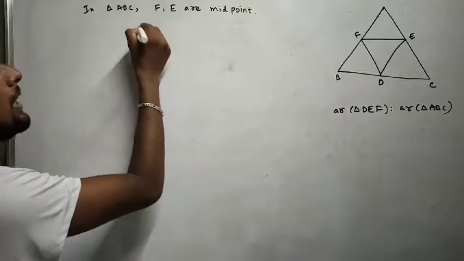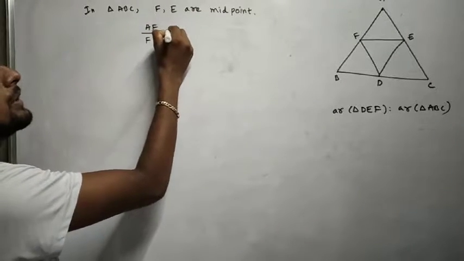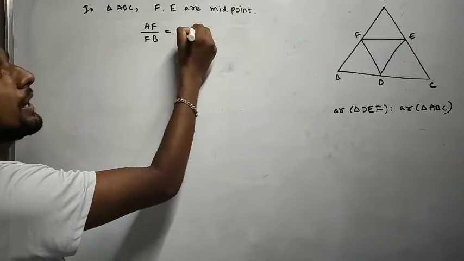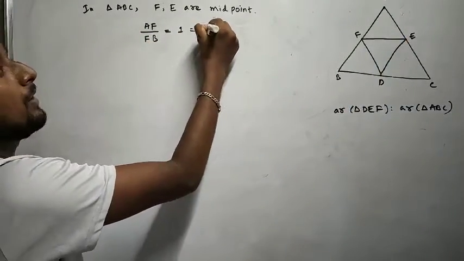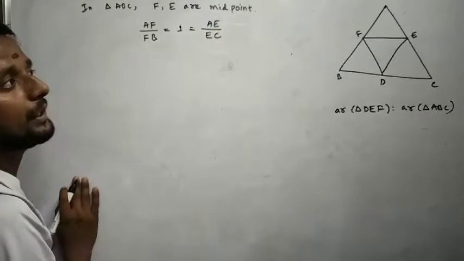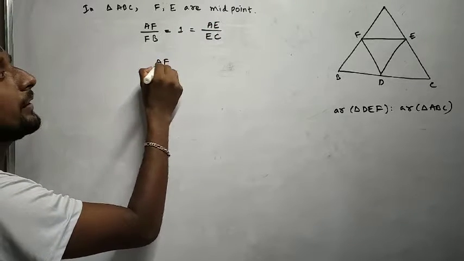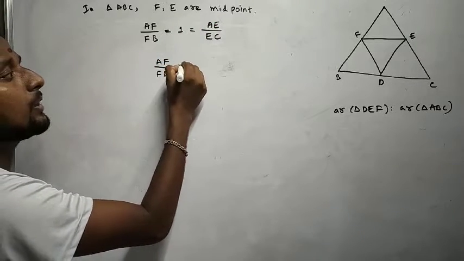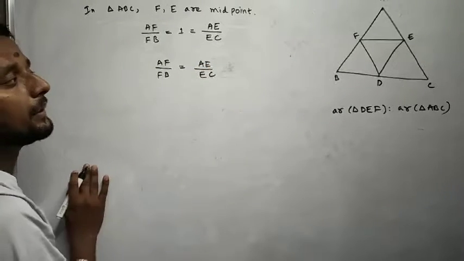I'll write here AF by FB is equal to 1. E is also a midpoint, so AE by EC is equal to 1. Neglecting 1, finally AF by FB is equal to AE by EC.